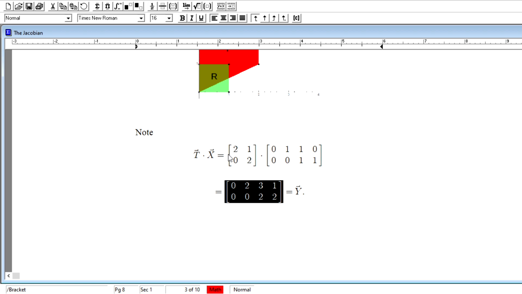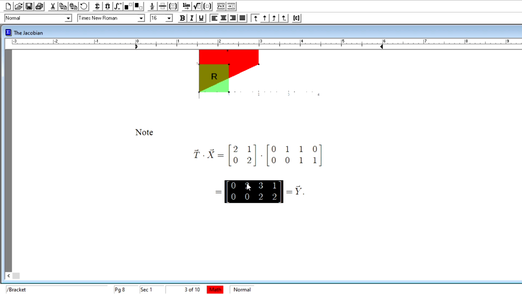We take the first row of T and multiply it by each of the columns making up X. That's going to produce the first row in Y for each of those results. 2 times 0 plus 1 times 0 is just 0, which is this 0 right here in the first row, first column. 2 times 1 plus 1 times 0 is just 2.